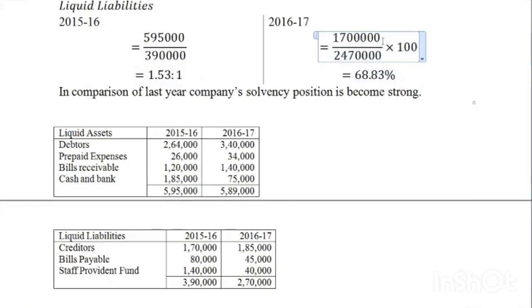Okay. So in the same way for the next year, 589 upon 270. 2.18. 2.18 is to 1.